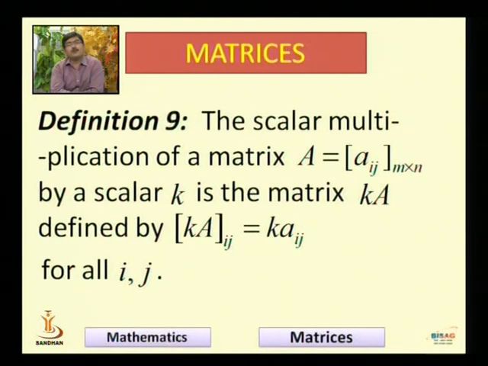That is, if you are given a matrix A and a scalar which I have named K, then how to define the matrix K times A. The matrix K times A is defined like this: you just multiply all the entries of the original matrix by the scalar K. Now, scalar is in the sense of vector space, that we are taking K to be either a complex number or a real number.